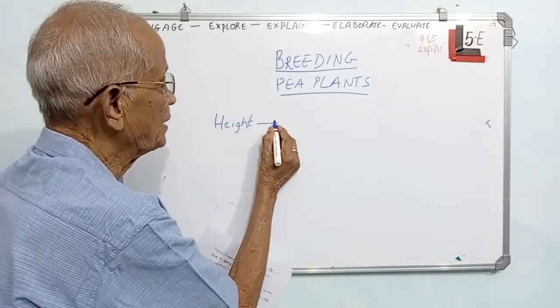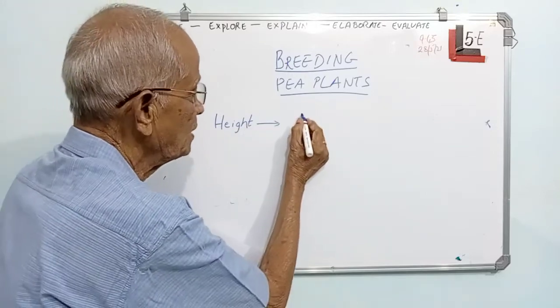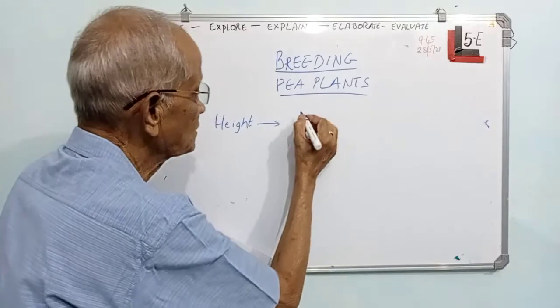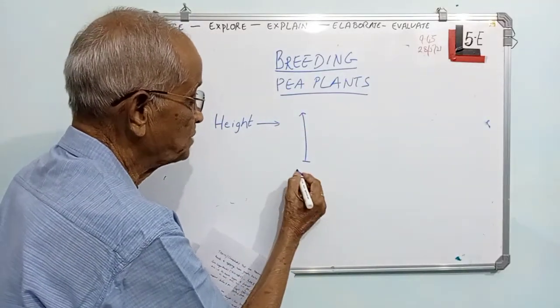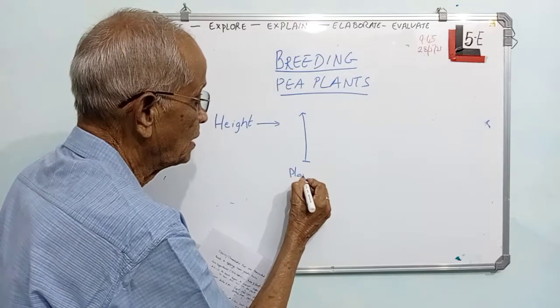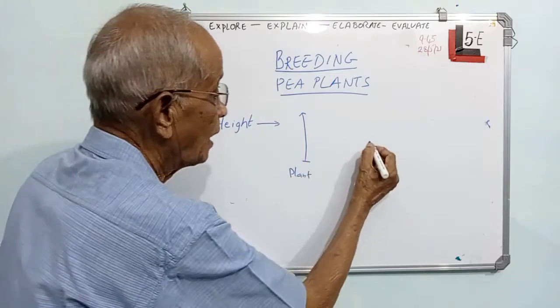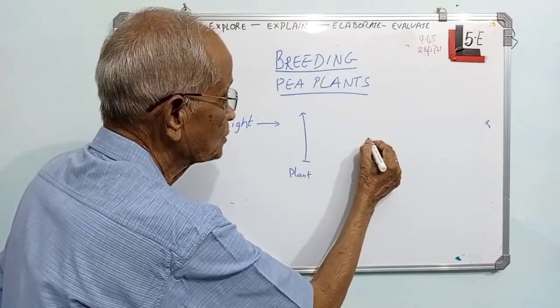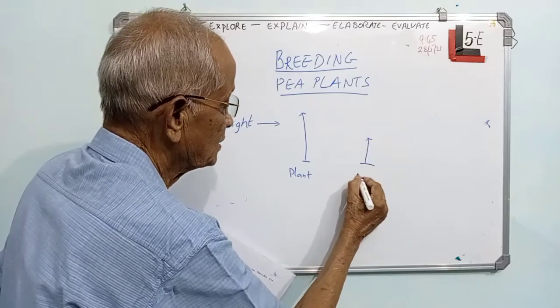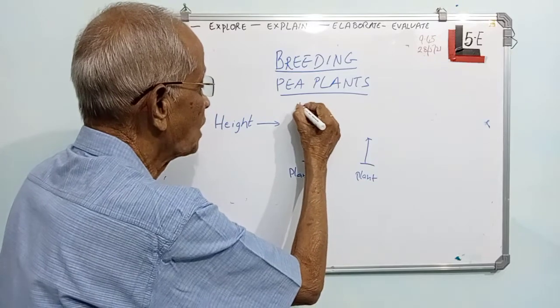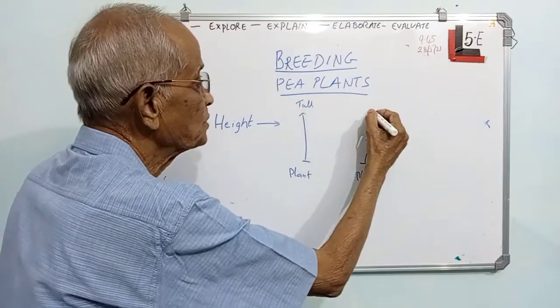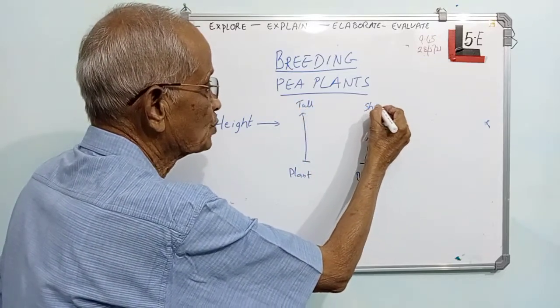When you take up the height of the pea plant, you may find a tall pea plant. Many plants are tall plants. Another one may be smaller than that, and that's also a pea plant. So one is tall, this is short. We can say short or dwarf.